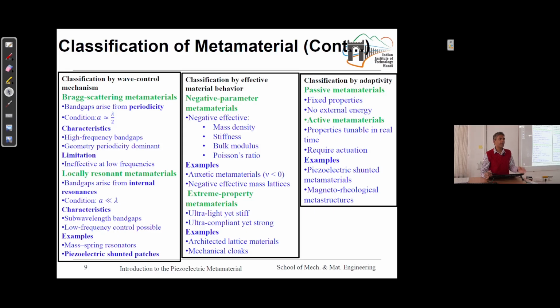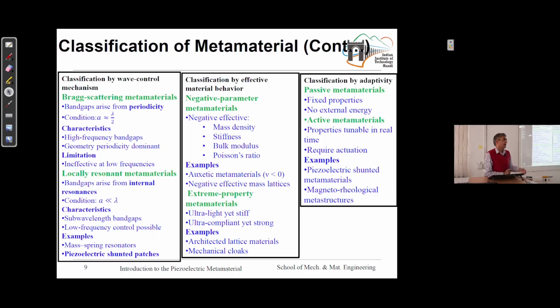For example, in case of piezoelectric material, right? Because piezoelectric materials can be tuned with the help of external voltage. So you see we have so many interesting applications of metamaterials, and you will see in the future that everything may be made of metamaterial.